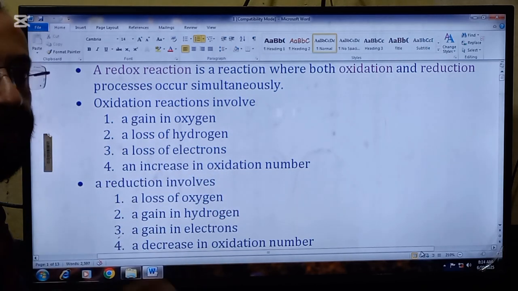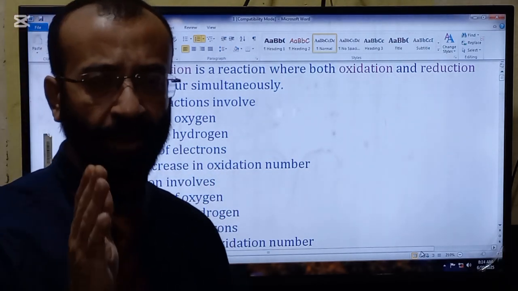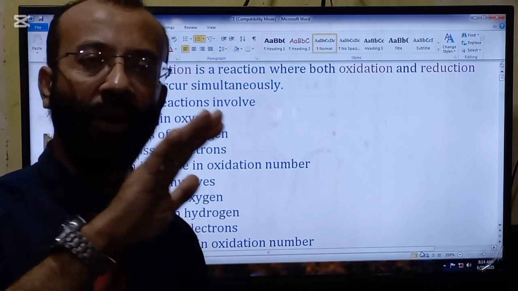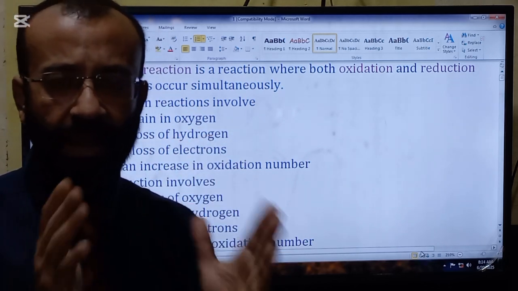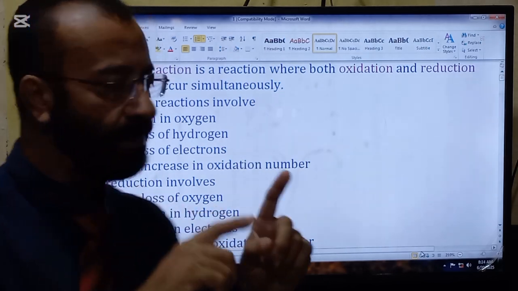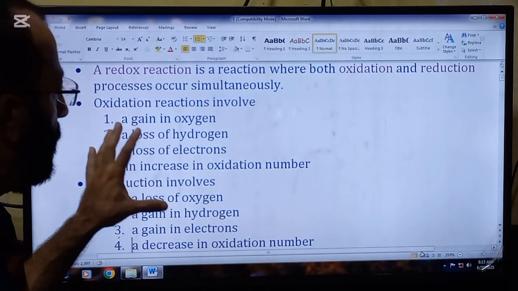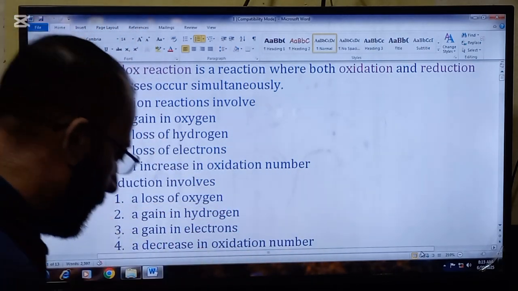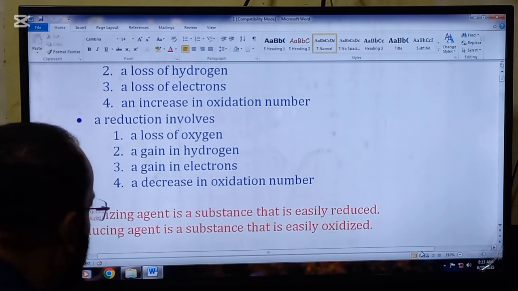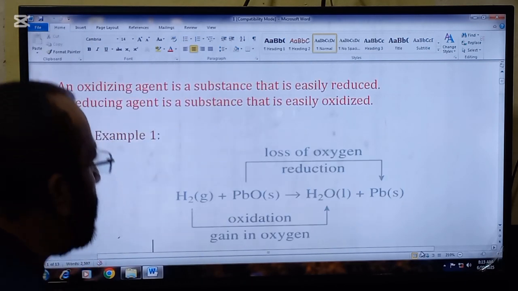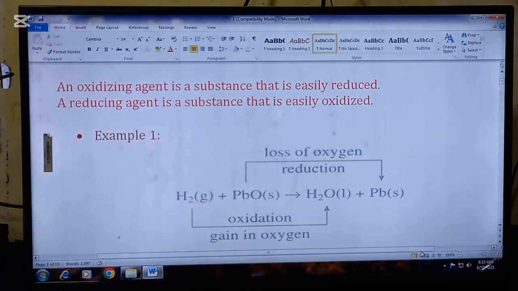So these are actually 4 points involved in oxidation as well as reduction reaction, and they are reverse of each other. First, learn and understand these ideas, because without them you will not be able to handle these kinds of questions.